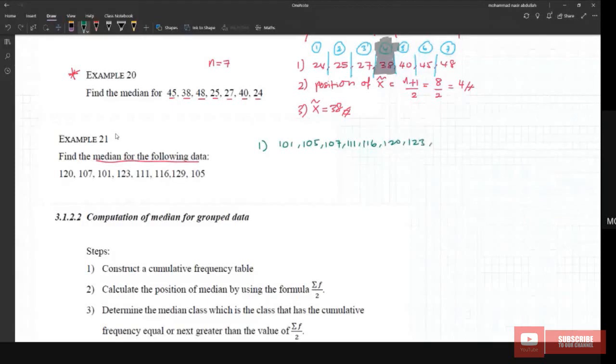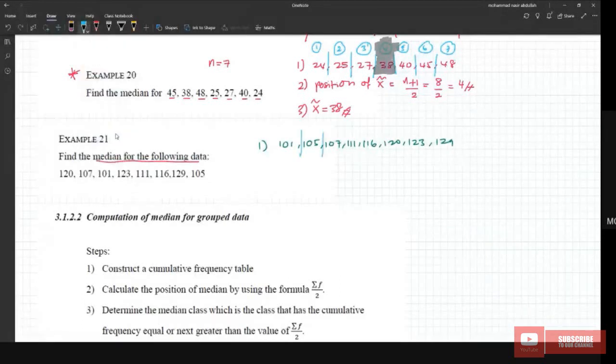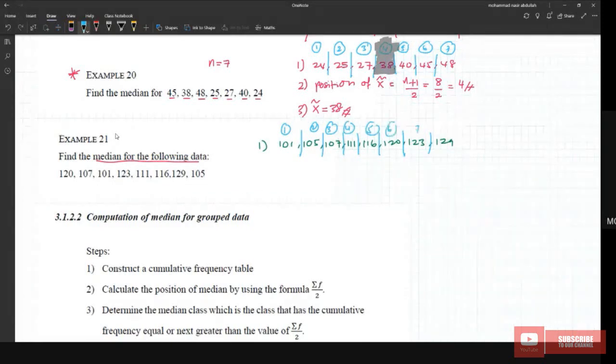So how many data do we have? 8. We need to position the data. So this is data number 1, 2, 3, 4, 5, 6, 7, 8. So we have n equal to 8.